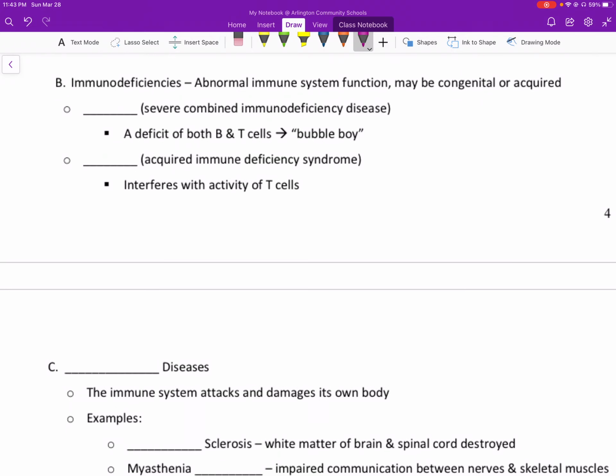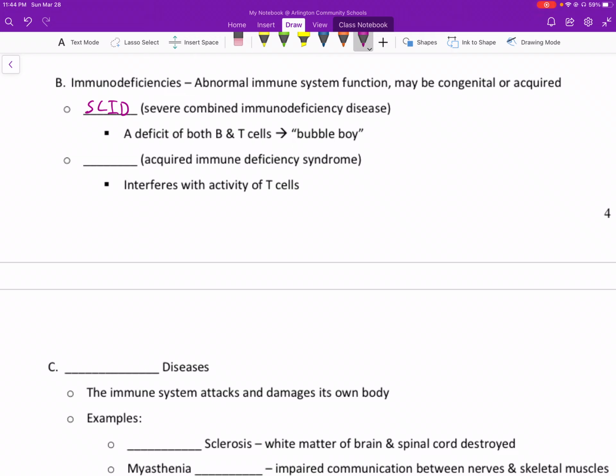But then we also have immune deficiencies. This is abnormal immune system function, which may be congenital or acquired. Our first one, a congenital one, is SCID, which is severe combined immunodeficiency disease. This is what we call the bubble boy.